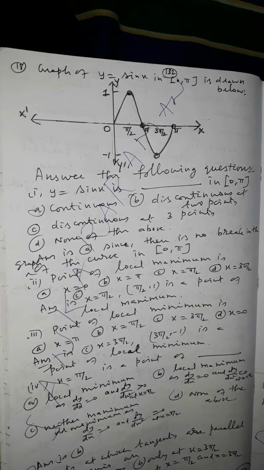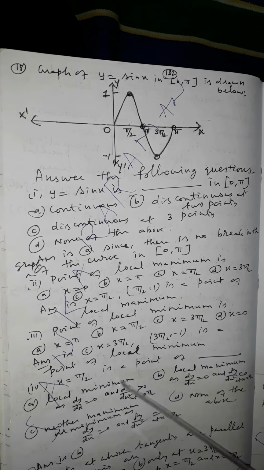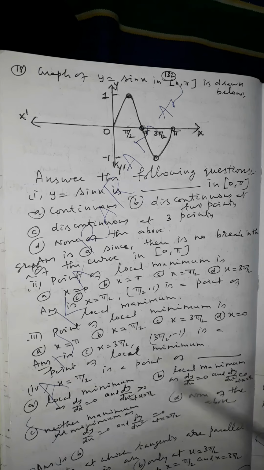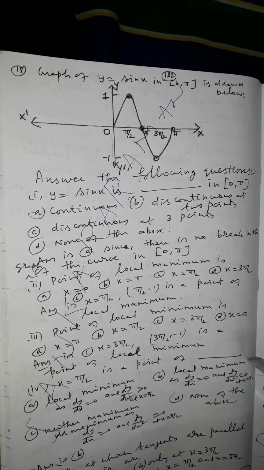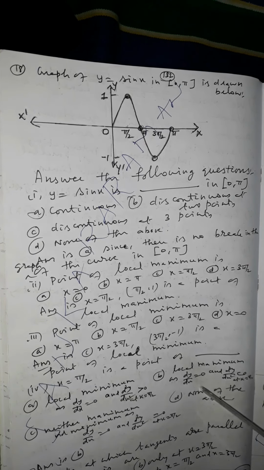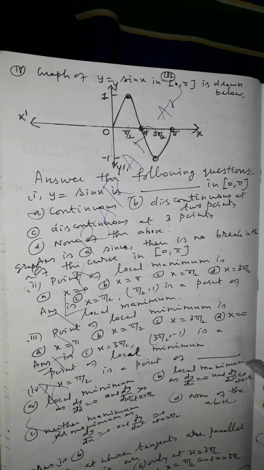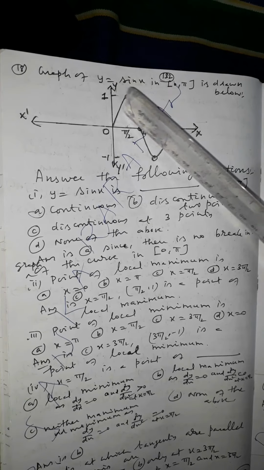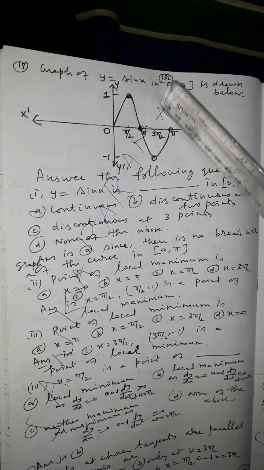Next, fourth subdivision: x equal to pi by 2 is a point of, you are given 4 options. Answer is B, because it is a local maximum as dy by dx is 0 and d square y by dx square is less than 0 at x equal to pi by 2. Here dy by dx is 0 and the second derivative is negative.